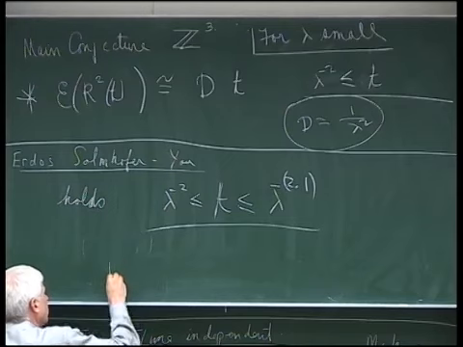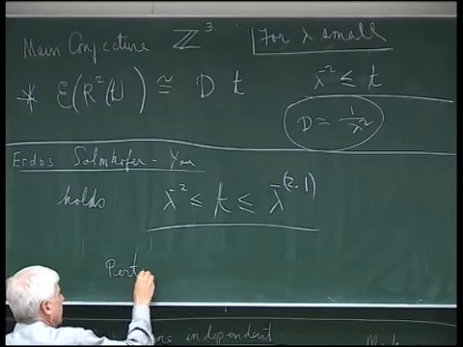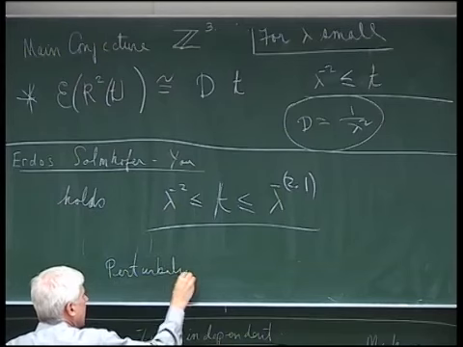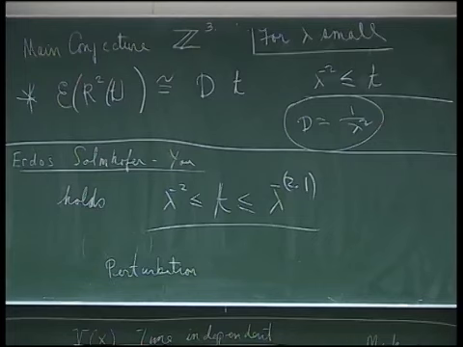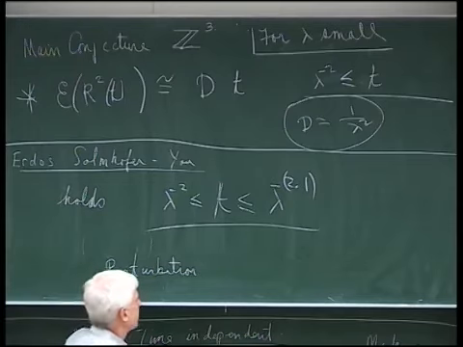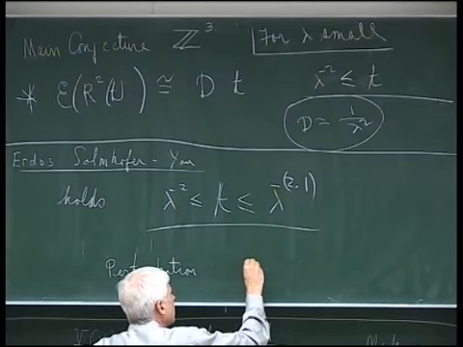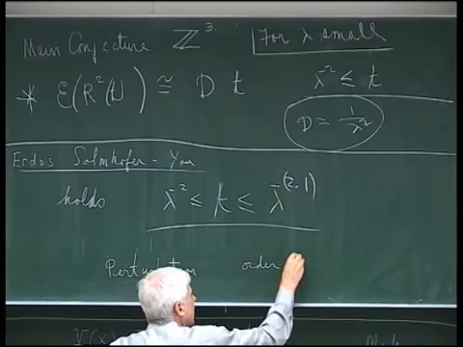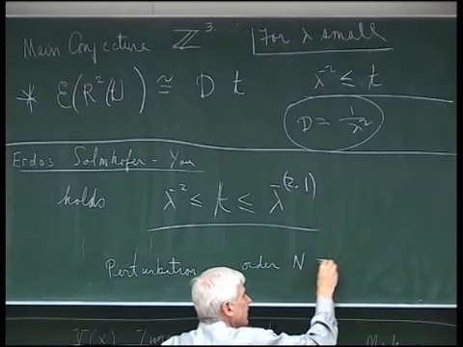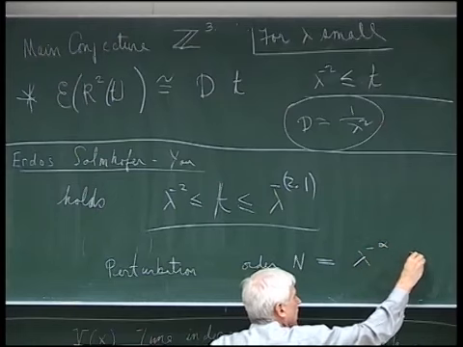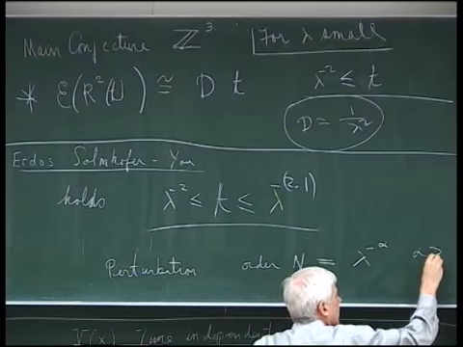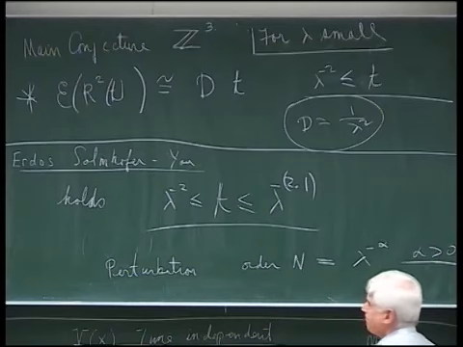And how is it done? It's done by perturbation theory. They do it at the resolvent level. No, maybe they do it in the time-dependent setting. It doesn't matter how they do it, but it's done by perturbation theory, and lambda is a small perturbation. To do this properly, and I'll explain a little bit more about it maybe next time, you have to go to order n, where n is very large, where n is like lambda to the minus alpha, for some positive alpha.